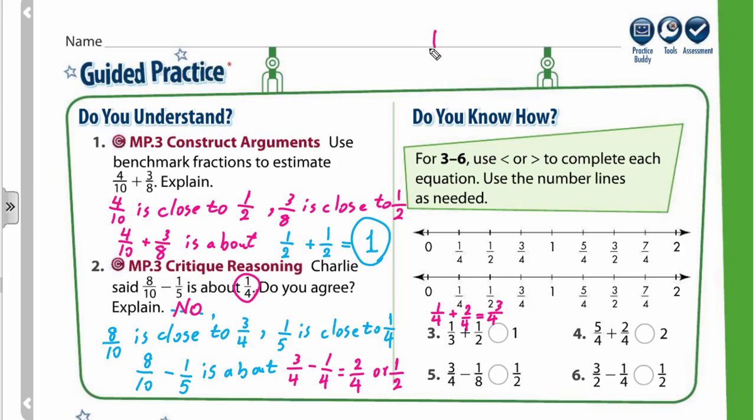Because 1/3 is between 1/4 and 1/2, but it's closer to 1/4, so it's more than or less than? Less. Okay, so this is less than. Okay, thank you, my hero.